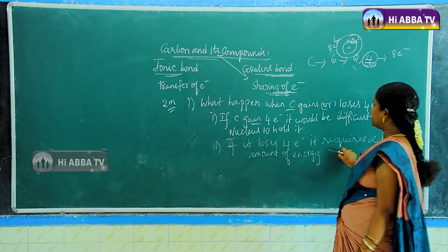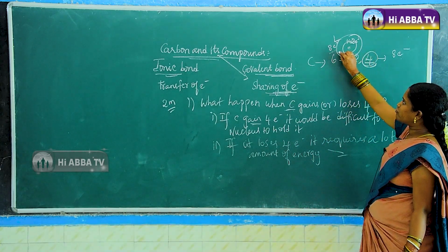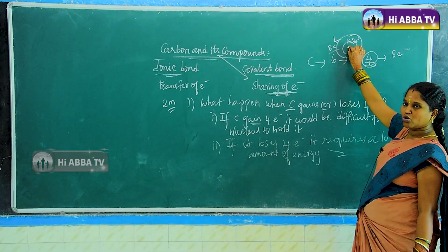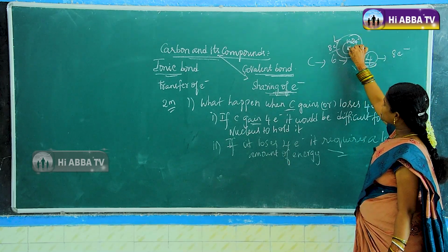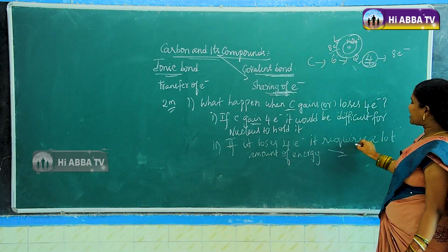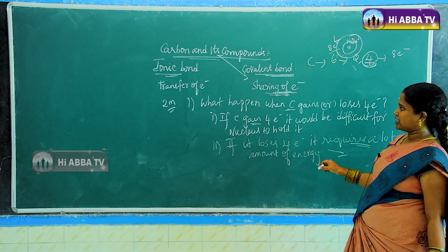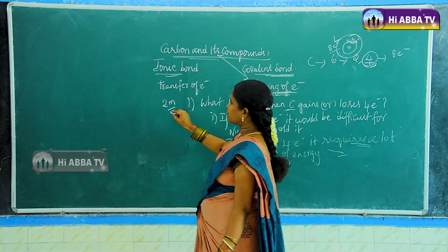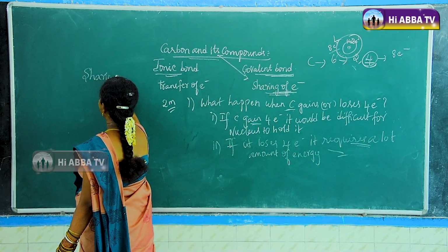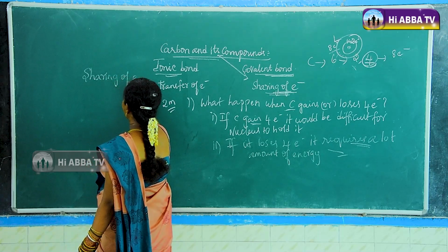Instead of gaining 4 electrons, where the nucleus will be difficult to hold it, if it loses 4 electrons, we can't just remove these 4 electrons. It requires a large amount of energy.